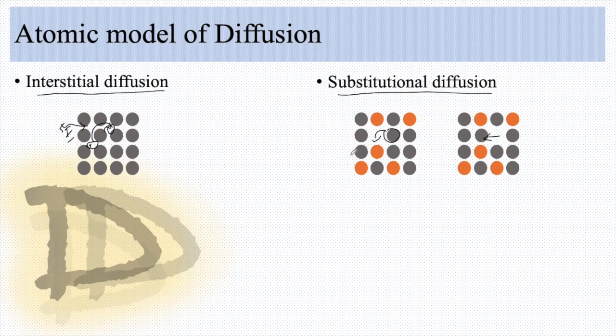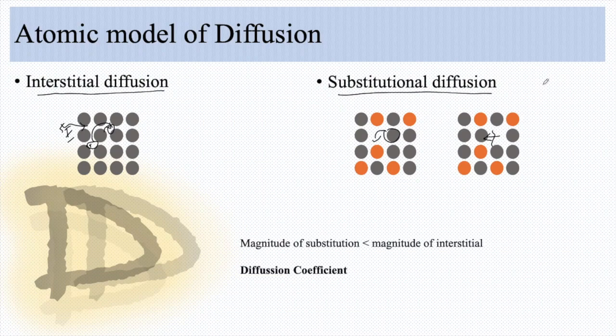In addition to the probability of an atom crossing the activation barrier along the path, the probability of the neighbor site being vacant has also to be taken into account. The magnitude of substitutional diffusion is always less than that of interstitial.